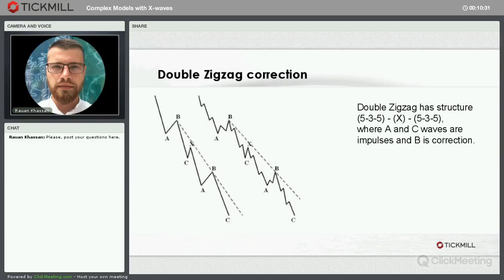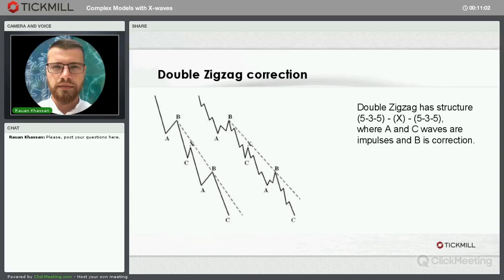We start with double zigzag correction, and as follows from the correction model name, this correction unites two zigzags. Each of them has a 5-3-5 structure, and each of these zigzags is connected by an X wave. So what does it mean?